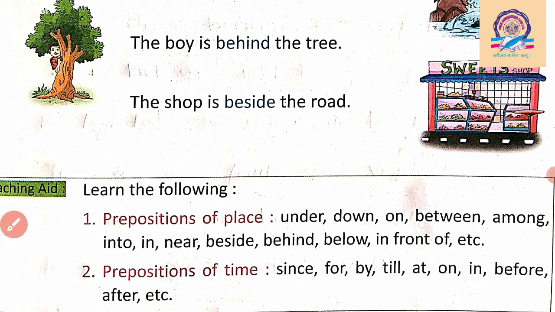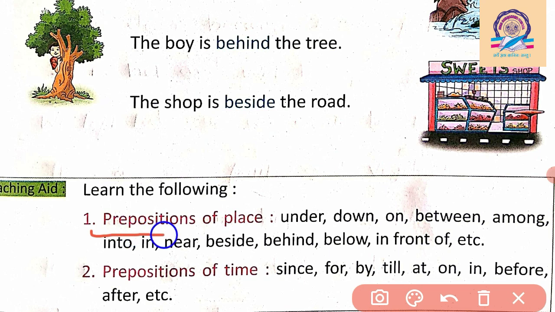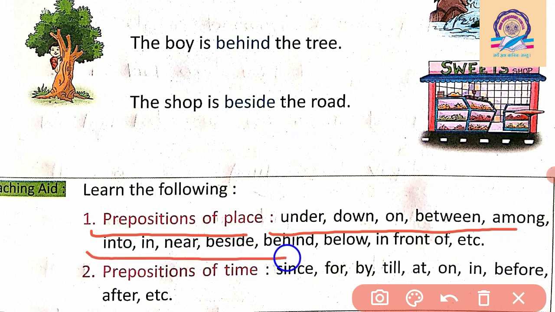Then we can say that there are some important prepositions that help us make our sentences better. For prepositions of place, we can use under, down, on, between, among, into, in, near, beside, behind, below, in front of, etc. These are words that help us make sentences with prepositions of place.